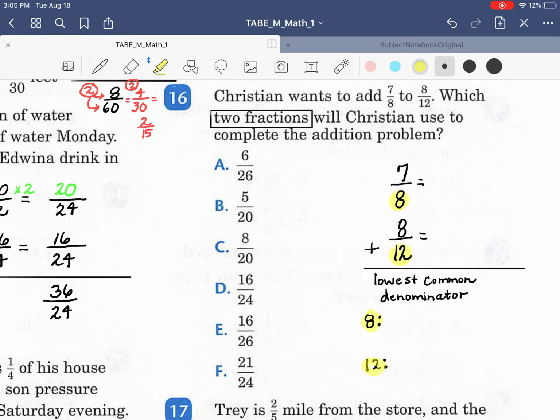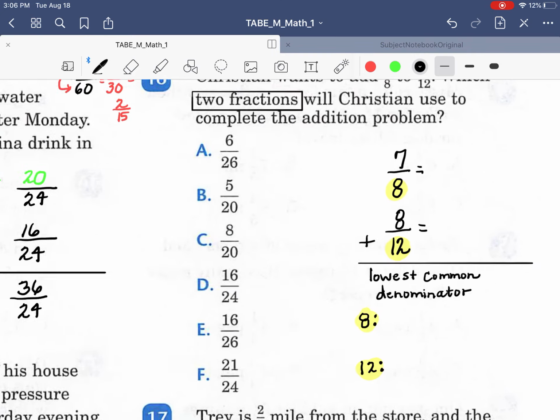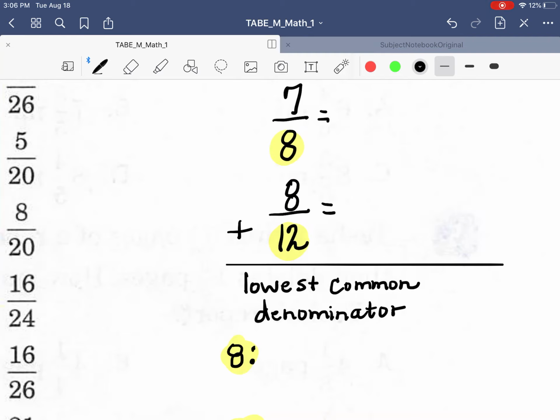And let me just be sure that you're following me. Here's the 8 and here's the 12. And we're going to list the multiples of those numbers. Just like when I was counting on my fingers, counting by 8, it's exactly the same thing.